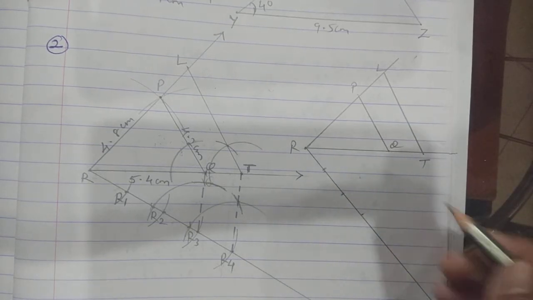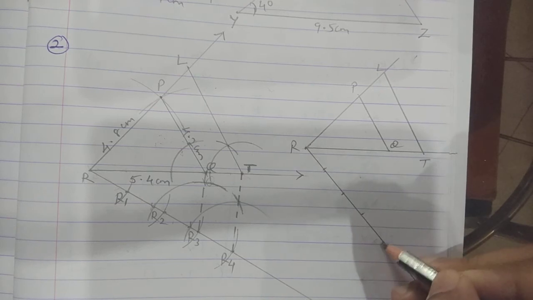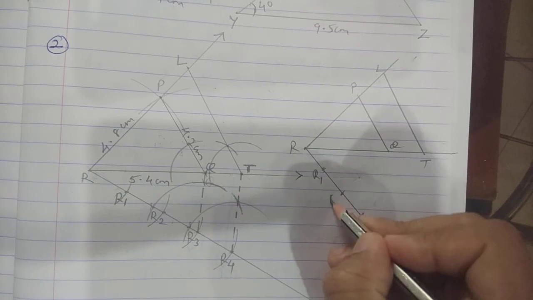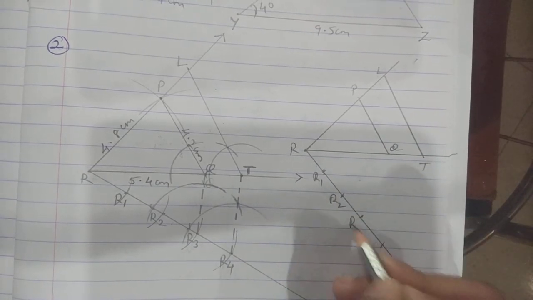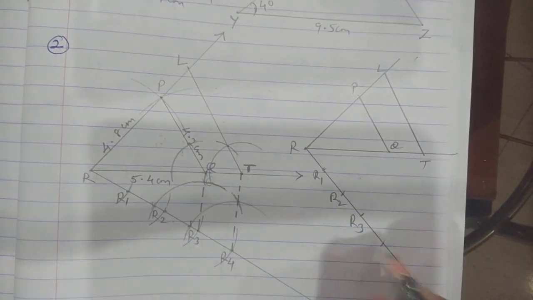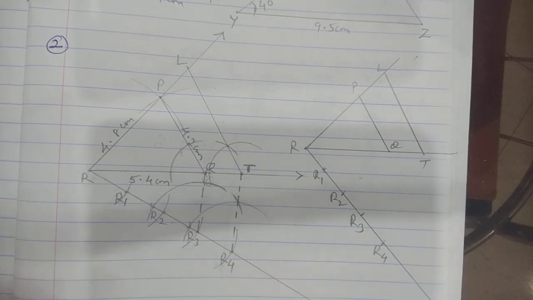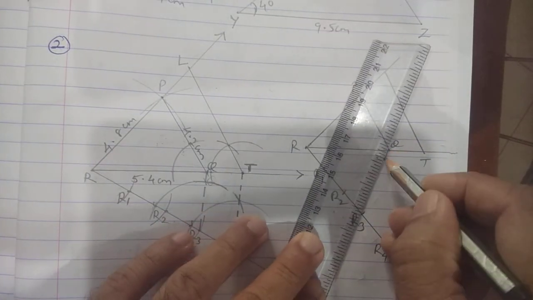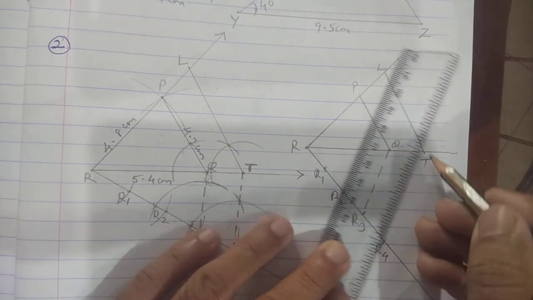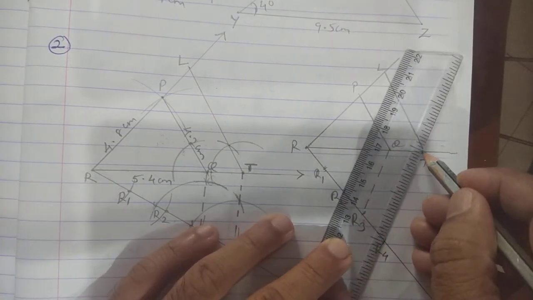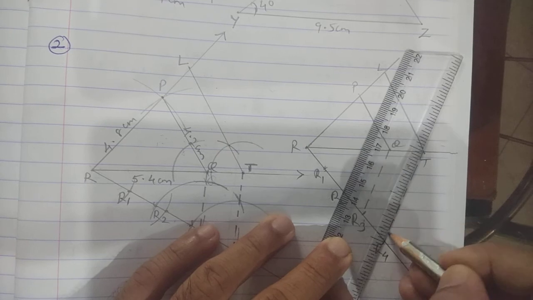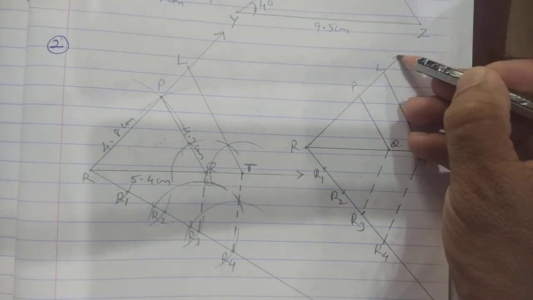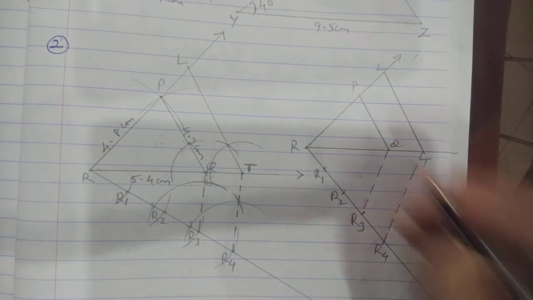So this is point R1, R2, R3 and R4, and now join. So join R3, which you can see as a dotted line here, same way join R4. So these dotted lines should look parallel to each other. So this way you will draw a rough diagram after drawing the fair diagram here.